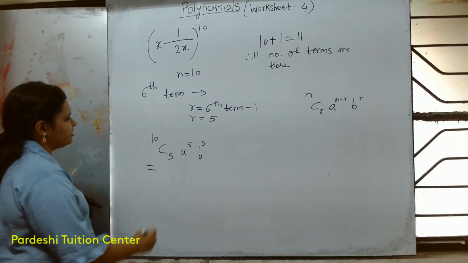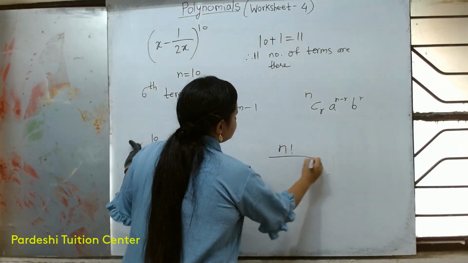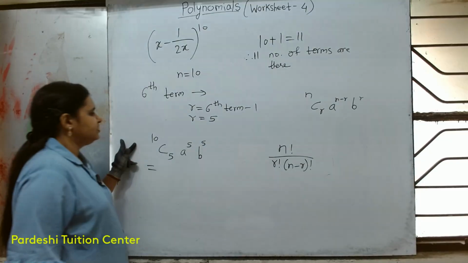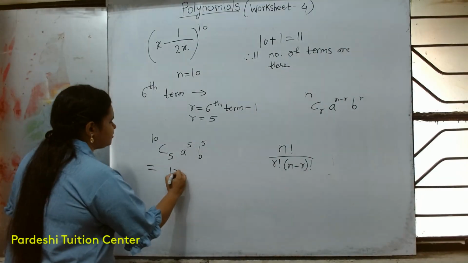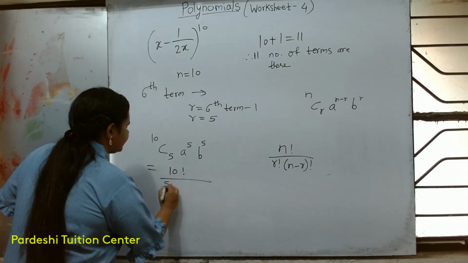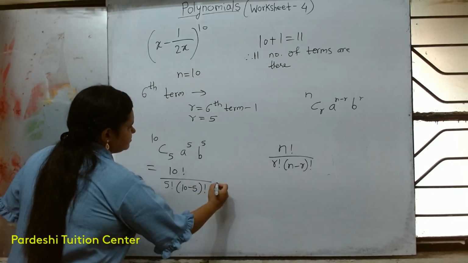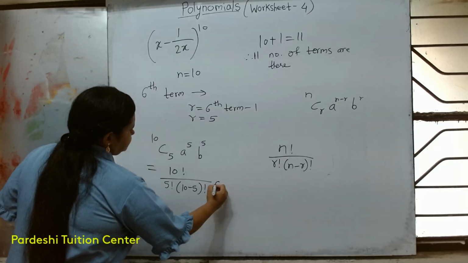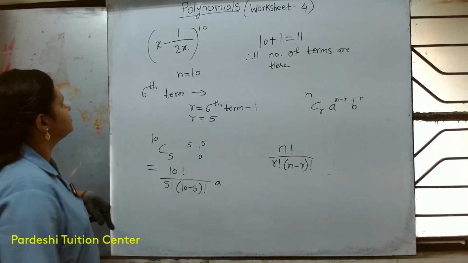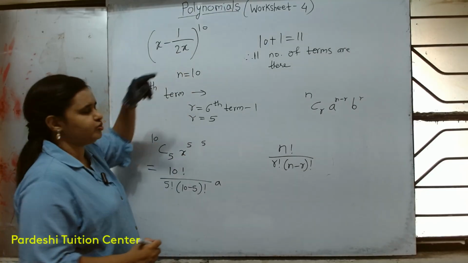Okay. Now 10C5, we can again solve by that formula: n factorial upon r factorial into n minus r factorial. So n factorial, that is 10 factorial, upon r factorial, that means 5 factorial, into 10 minus 5 factorial. Here a is x, so we will take x, and b to the power 5 means here b is 1 upon 2x.